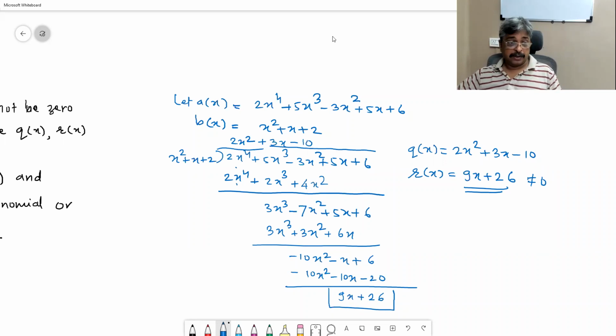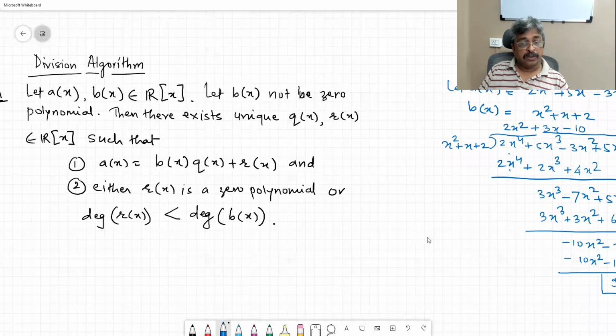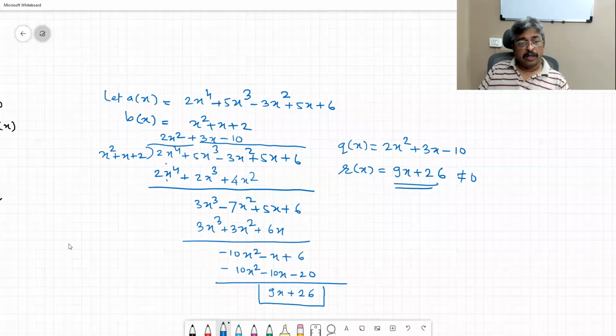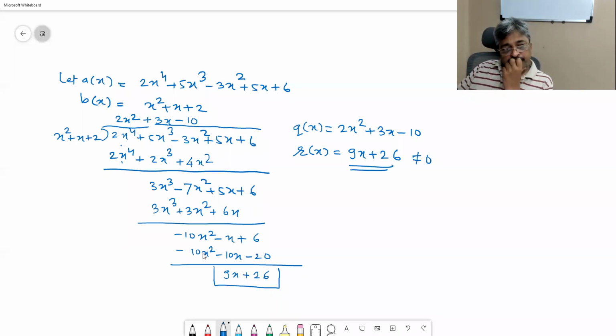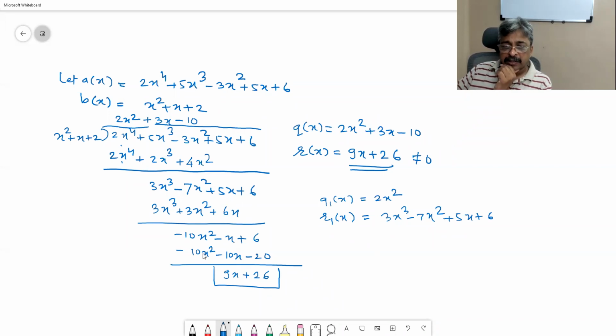Okay, now we go back and try to establish some results over there. So here, using this, can we find out all possible remainders? Now this is our final q of x and final r of x. But can I say that q1 of x is equal to 2x square and r1 of x is equal to 3x cube minus 7x square plus 5x plus 6?